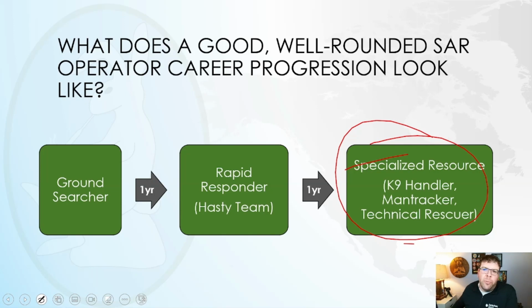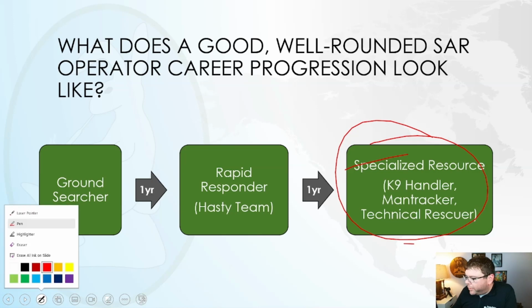And then after that, you can really start to branch out into specialties. And I think if you went through that progression, by the time you got to be a specialized resource, you'd have a fantastic handle on the situation, understand exactly what's expected of anyone that walks in on a search, and you can contribute at multiple levels. So this is what I think a good, well-rounded career progression looks like.